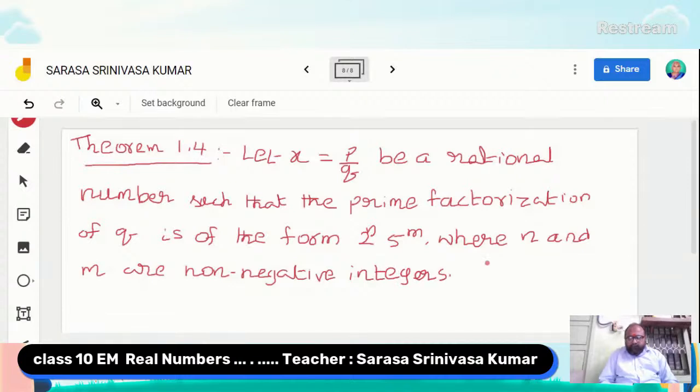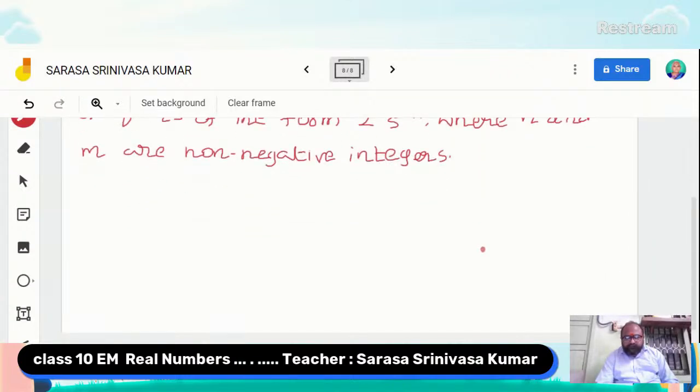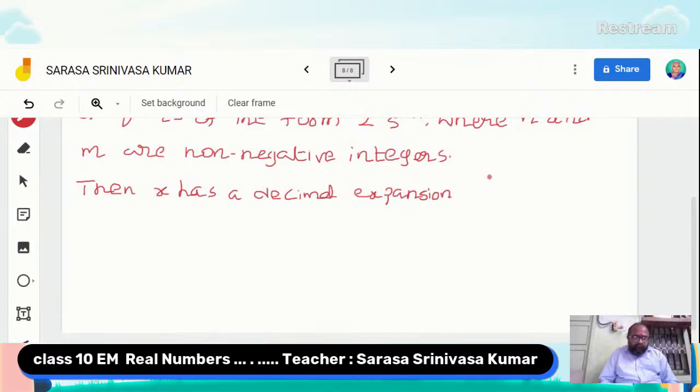Then x has a decimal expansion which terminates.